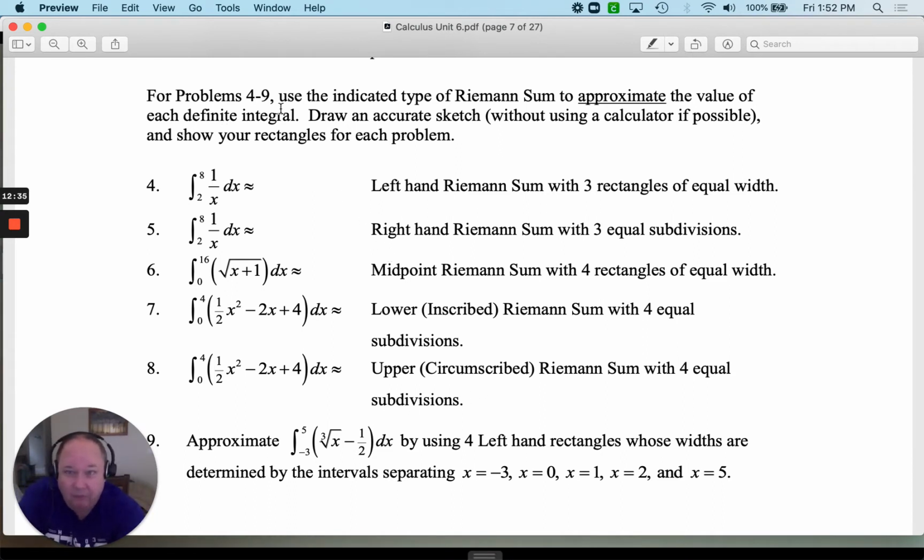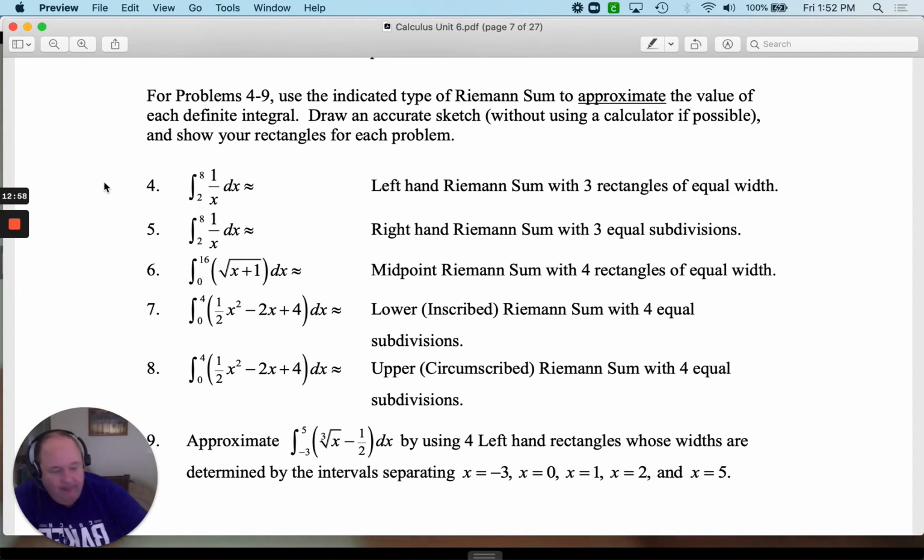For problems 4 to 9, use the indicated type of Riemann sum to approximate the value of each integral. Draw an accurate sketch without a calculator if possible, and show your rectangles for each problem. All right, so I'm going to integrate from 2 to 8, 1 over x dx.